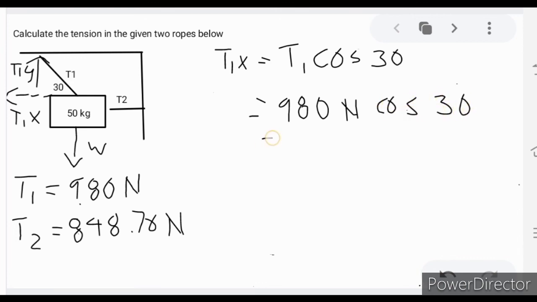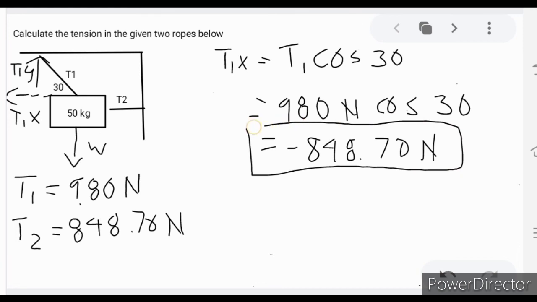Then compute it, and we get the same value as T sub 2. Therefore, if we solve the summation of F of x, we get 0, because Tx sub 1 and T sub 2 are equal in magnitude but opposite in direction.